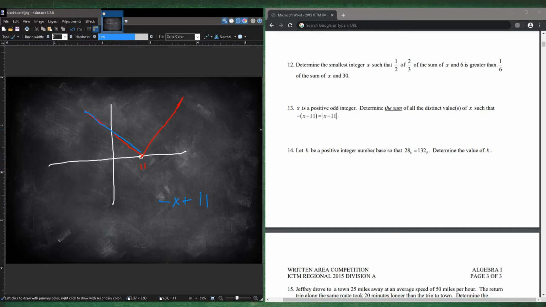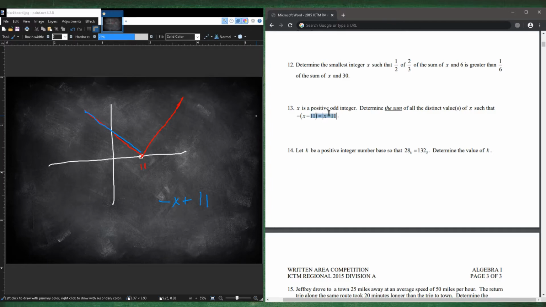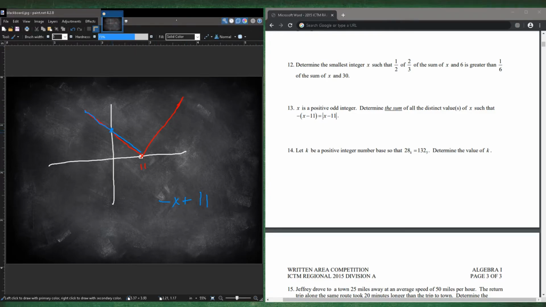And if you put x at 0, 0 minus 11 is negative 11, and then the absolute value of negative 11 is 11. So right here is 11. So that's why when it says negative x plus 11, it's just going to overlap on this red. Okay, so we know our overlap is like that, right? And it goes on for infinity, also the red one for the absolute value goes on for infinity.